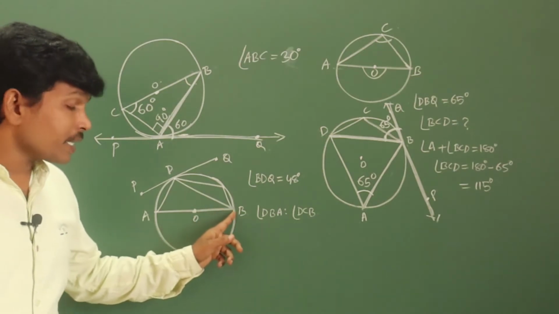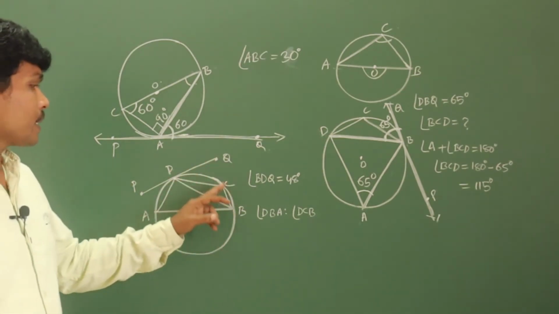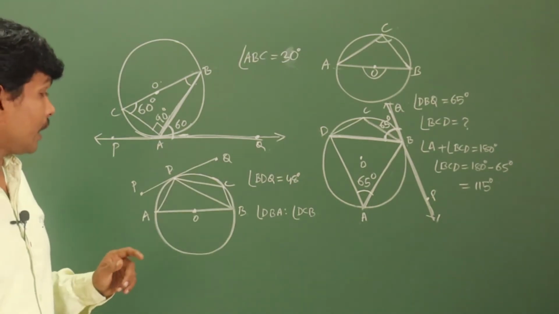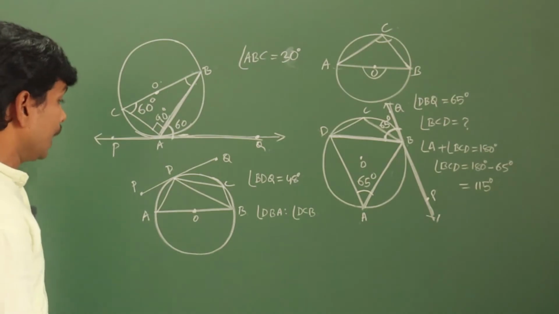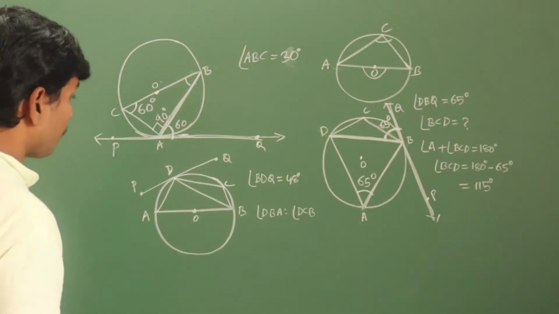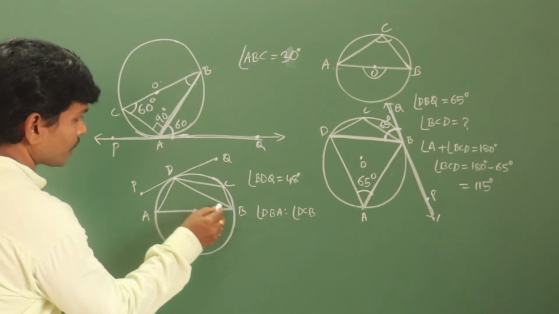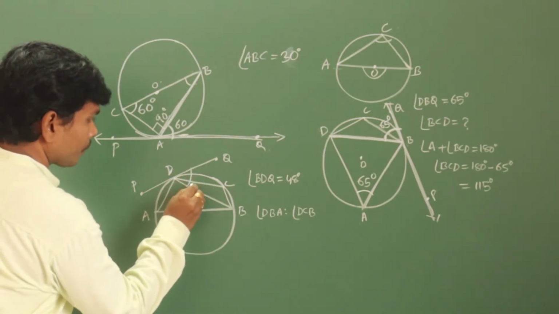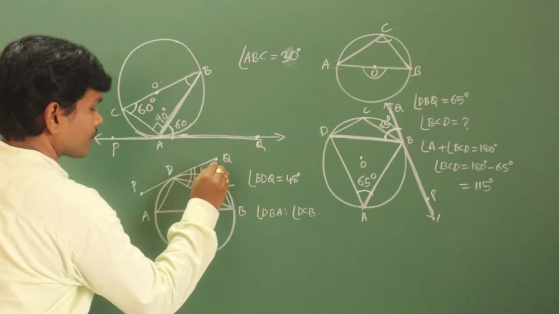Here AOB is the diameter. PQ is the tangent. ABCD is a cyclic quadrilateral. And D is the point of contact. BDQ is given. Okay, BDQ is nothing but this angle. This angle is given. How much? 48 degrees.